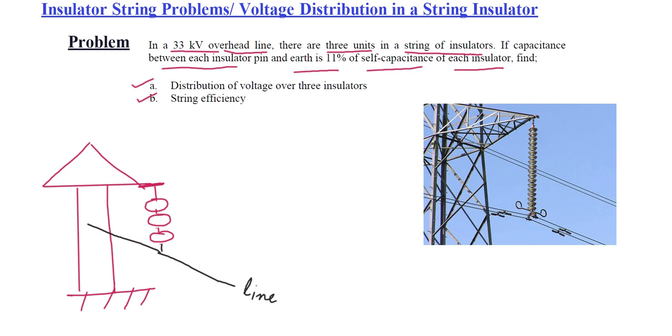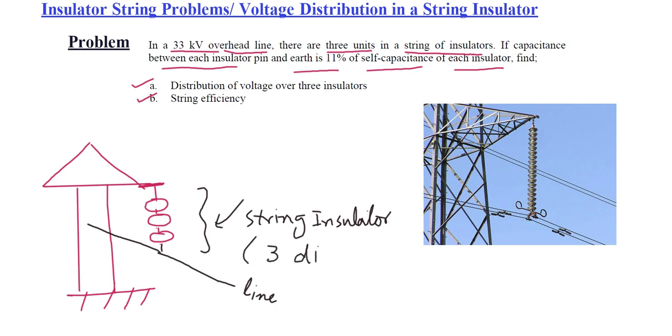These are our three disks. This is our string insulator made from three disks, and this is the tower. The tower is at ground potential.